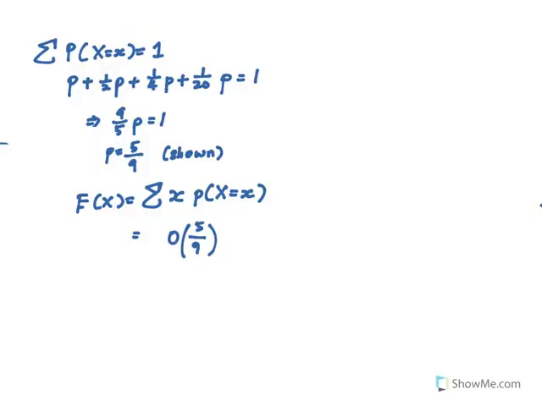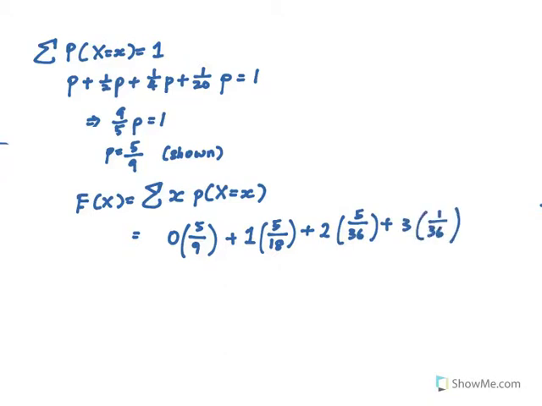So it's 0 times 5/9 plus 1 multiplied with 5/18 plus 2 with 5/36 and 3 with the probability of 1/36, because 1/20 p is 1/20 times 5/9, so it's 1/36. The total gives us 23/36, and this will be the expectation of X.